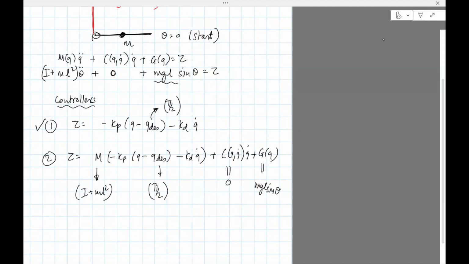Okay, so what we'll do is we'll compare the performance of a naive PD controller versus feedback linearization. So the folder which has all this is called something like this, 3A pendulum PD. This is the folder.